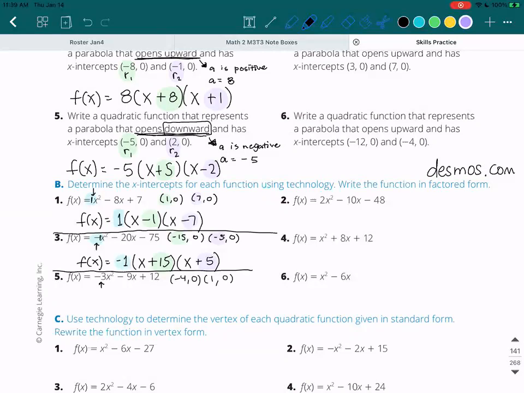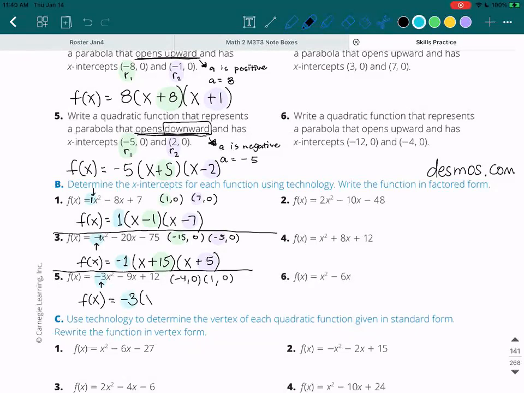Positive or negative? Negative. Good. And by the way, since it is a negative, that's why our graph opened downwards. But yeah, so f of x is equal to -3, and we got that -3 from right here. It's our a value. It's the number in the front.